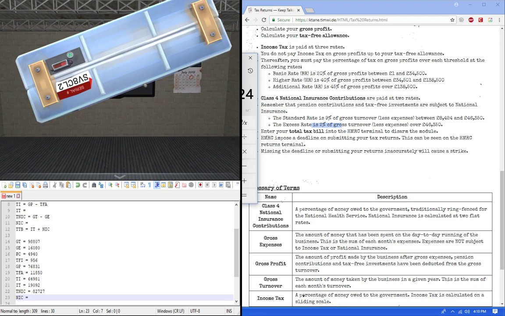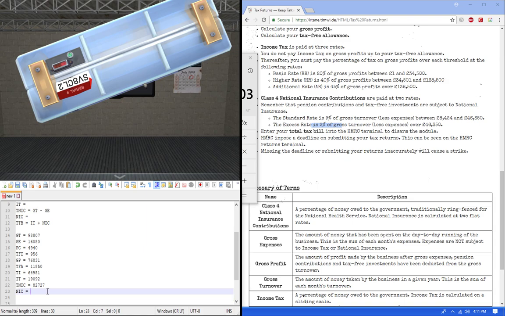Well, actually, we're going to take our taxable NIC, which is 82,727, minus our 8,424. This is going to leave us with 74,303.